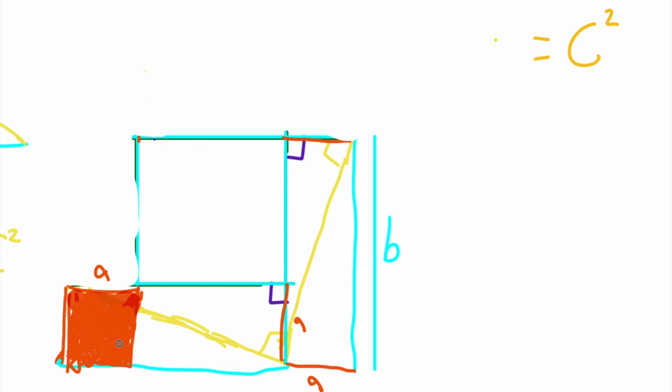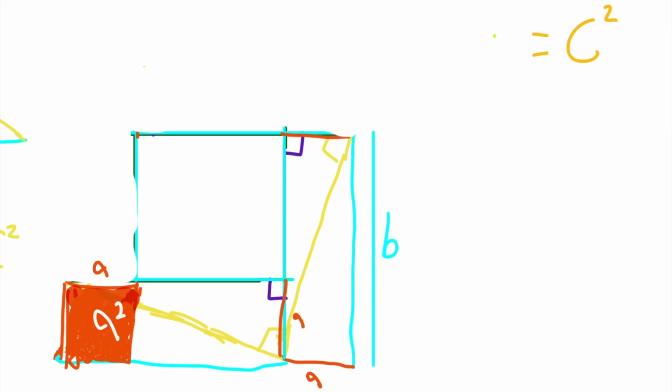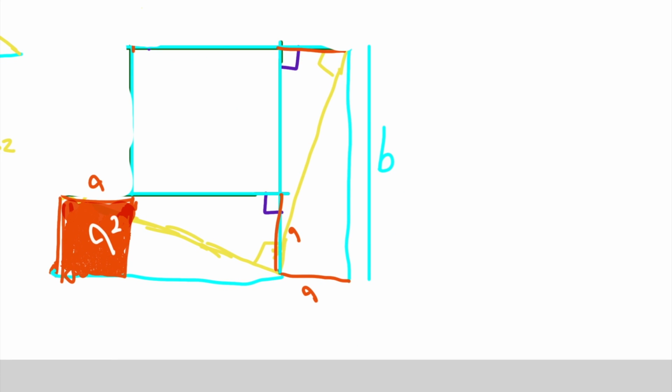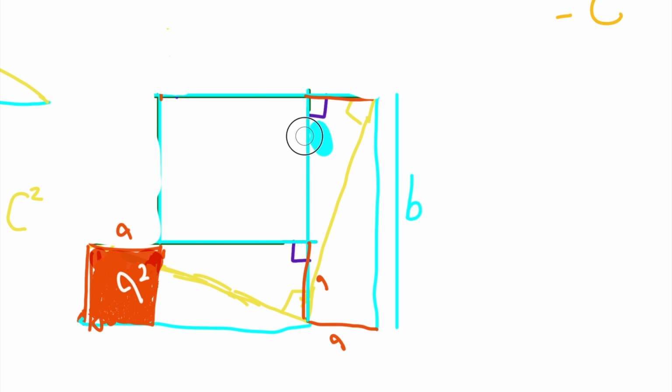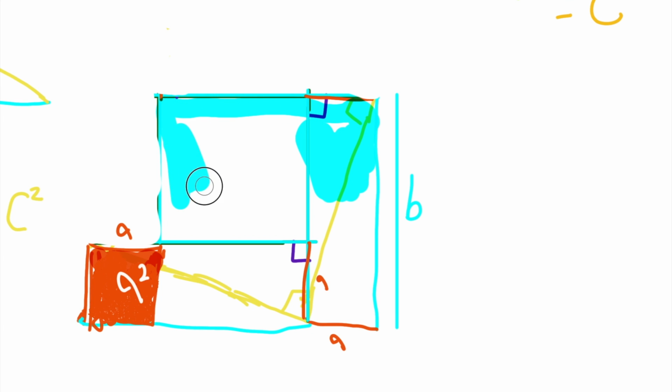So this area here is A squared. Okay, so what is the area of that big square over there? Like I said, switching colors is the hard part. What is the area of this gigantic piece here? Now I'm going to color it in.